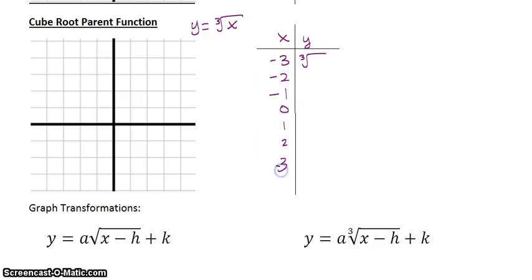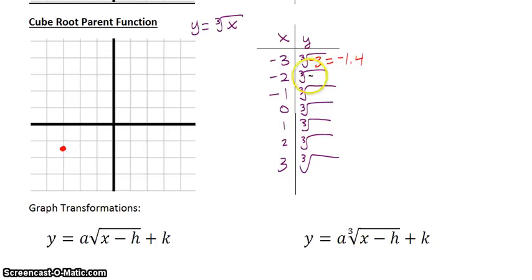And every single time, just like we did before, my function rule is the cube root of something, so I'm just going to plug in what x is and use my calculator to evaluate. So I use my calculator, and the cube root of negative 3 is negative 1.4. So my first dot is negative 3 comma negative 1.4. Again, just do your best to approximate that.